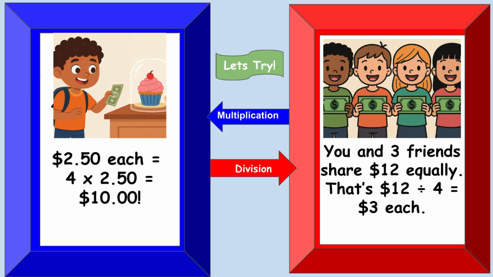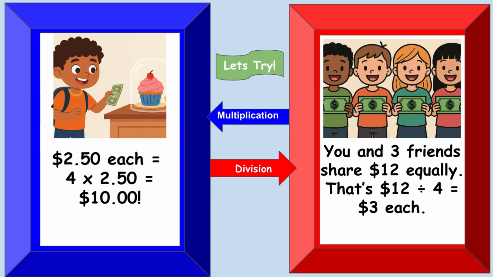Okay, now let's try multiplication and division. I'm going to start with multiplication. I want to buy a cupcake, $2.50 for each, and I'm buying 4 cupcakes. So I would say 4 times $2.50, which gives me $10.